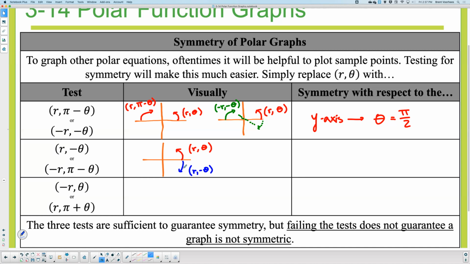If you have r negative theta, what type of symmetry is that? That's x-axis. What do we call the x-axis in polar? We call it the polar axis. You have symmetry with the polar axis. That's what you'd call that. So if it looks like the y-axis, you call it symmetry with respect to theta equals pi over 2. If you have x-axis symmetry, we call this symmetry with respect to the polar axis. Okay, finally, last one.